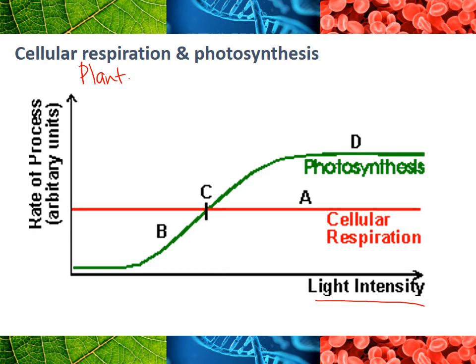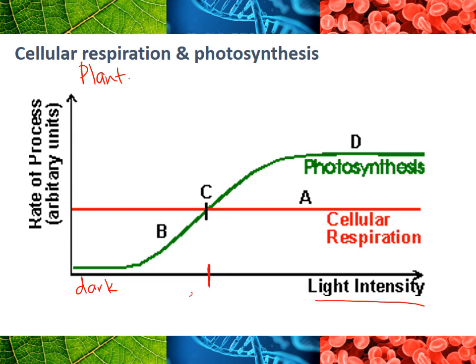When we're only comparing it to light intensity, light does not impact the rate of respiration because it's not an input, it's not an energy source for respiration. But you can see there's quite a big difference in the rate of photosynthesis. So if we're saying this is when there's not much light, so it is dark, so it might be at night time, the rate is quite low.